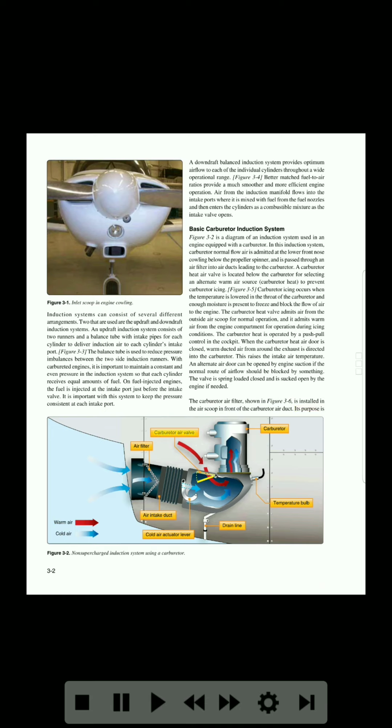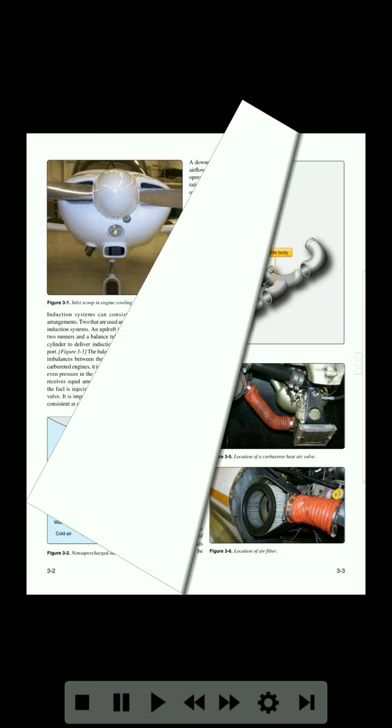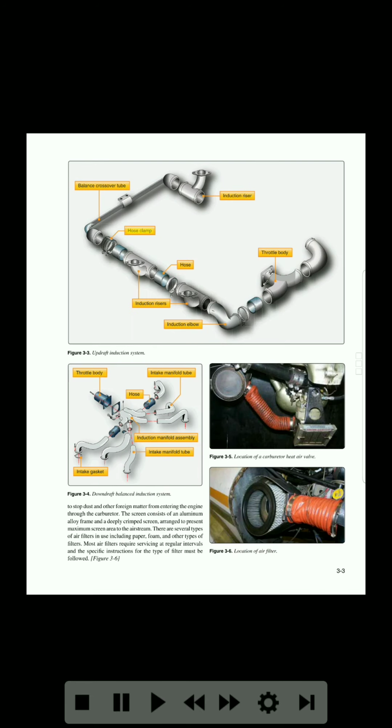Its purpose is to stop dust and other foreign matter from entering the engine through the carburetor. Figure 3-2. Non-supercharged induction system using a carburetor. Figure 3-3. Updraft induction system. Figure 3-5. Location of a carburetor heat air valve. Figure 3-4. Downdraft balanced induction system.